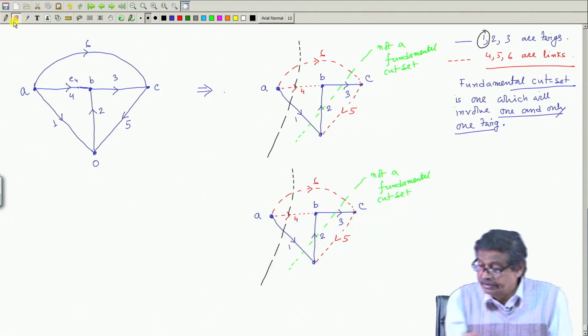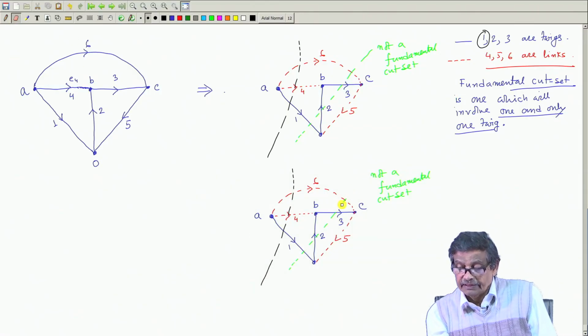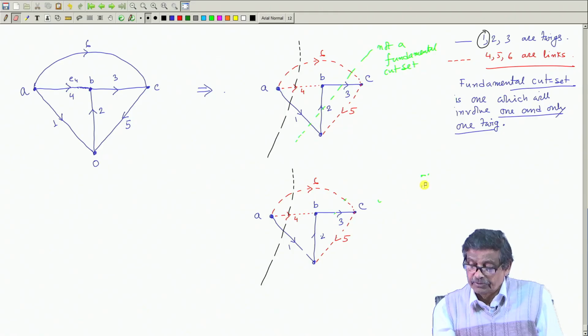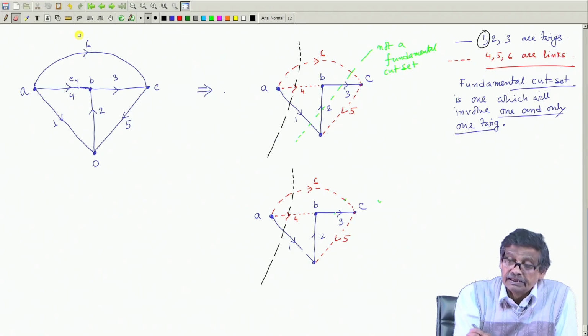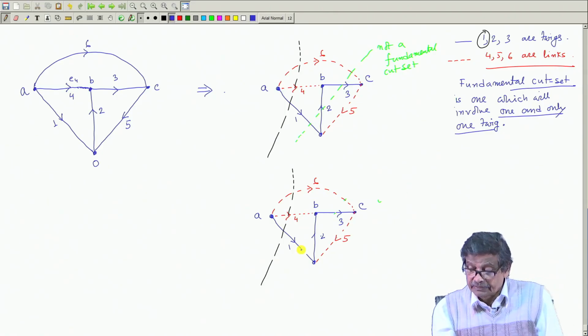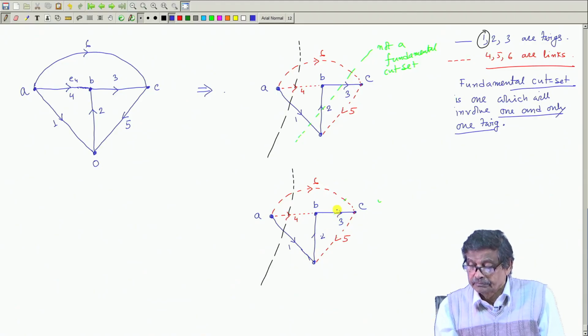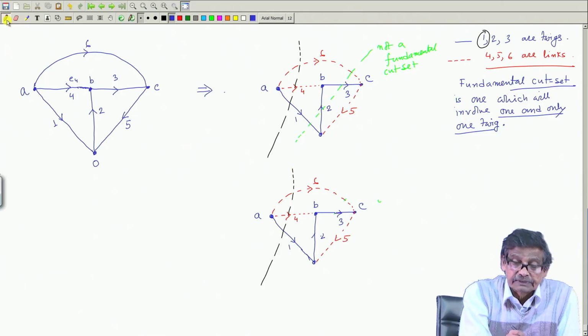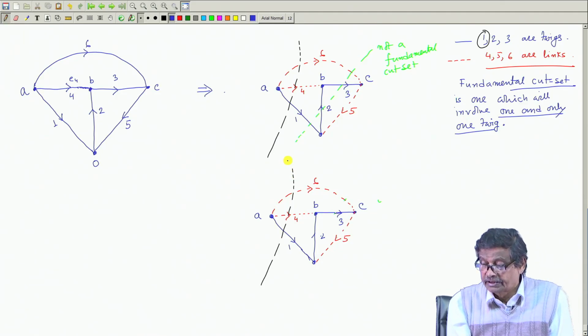I will erase this, because after all this is not a fundamental cut set. So this is a fundamental cut set and I will call it cut set 1.